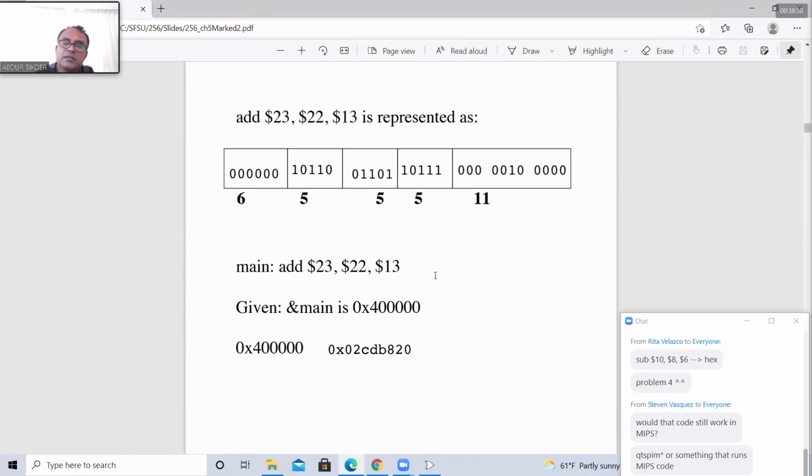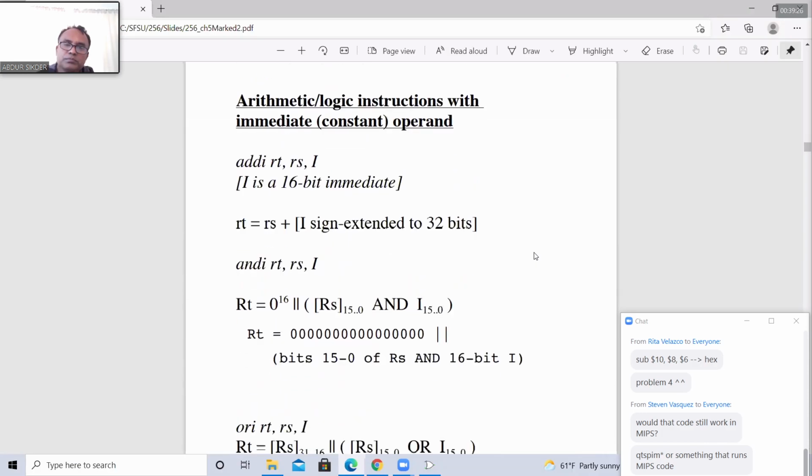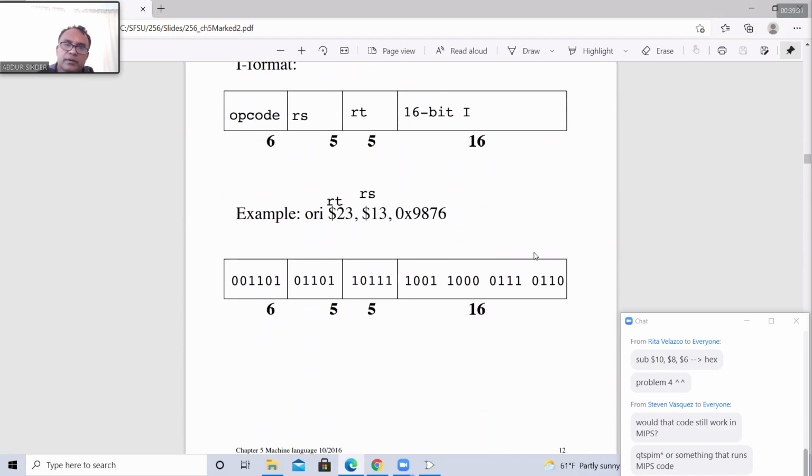And this is how you deal with this. If you have an add operation and you have the 3 registers, 23, 22, 13, then you just convert them into binary and put them in RS, RT, RD. So this is how you represent it in the machine code. And then we have the I format.